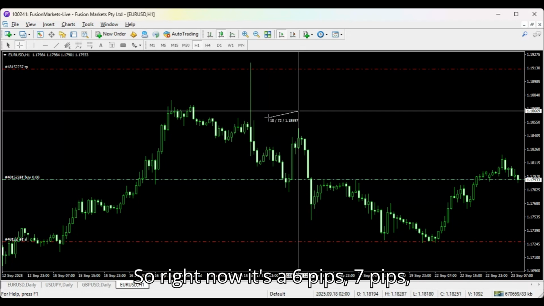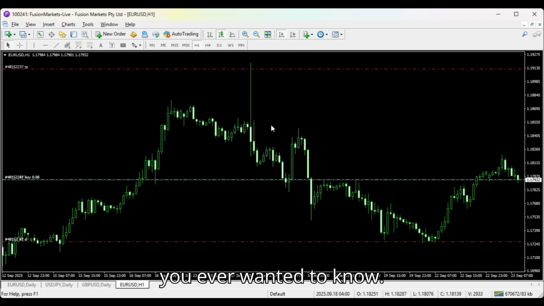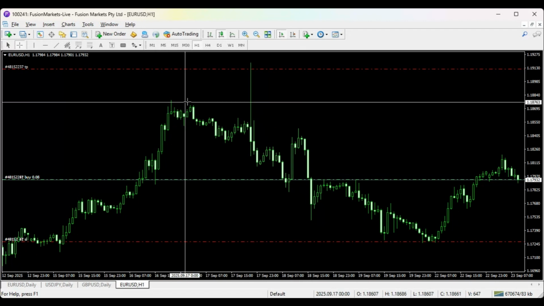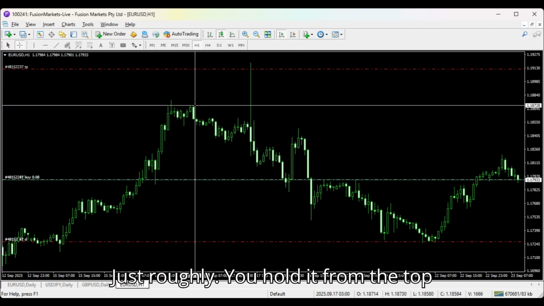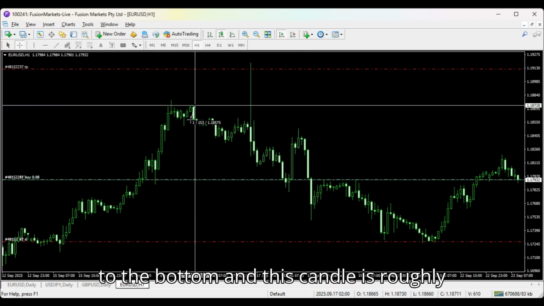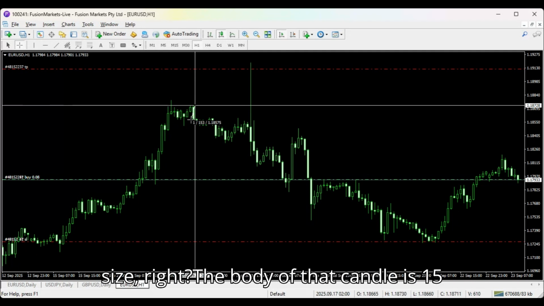So right now it's 6 pips, 7 pips, 8 pips, 9 pips, 10 pips, 11 pips. If you ever wanted to know how big a candle is, just roughly, you hold it from the top to the bottom, and this candle is roughly about 15 pips long in size.